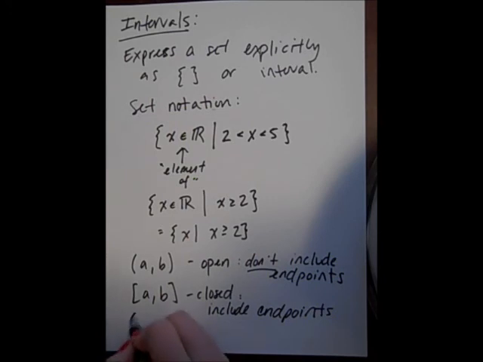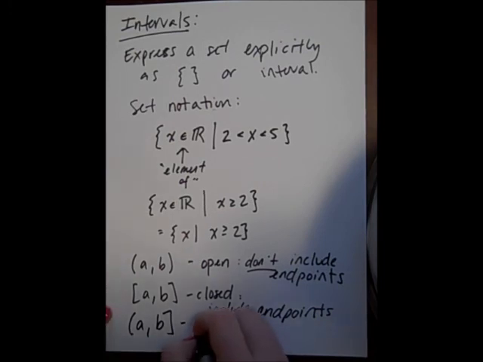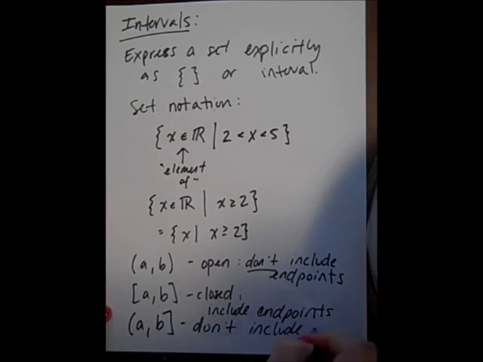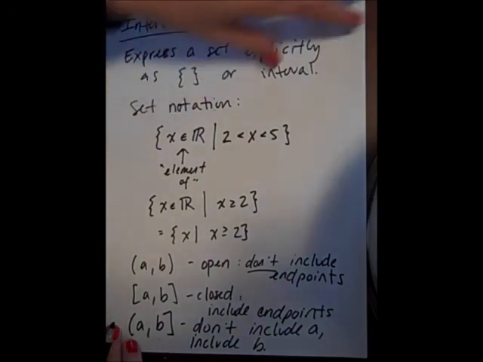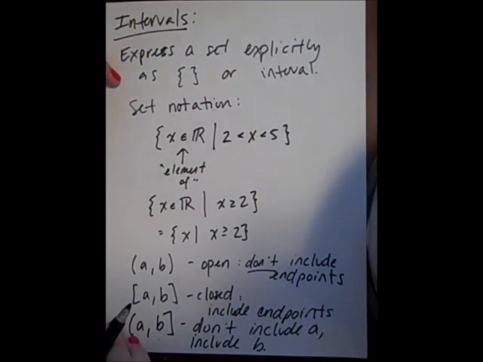If I had something like this, half open or half closed, it doesn't matter, this means don't include A, but include B. Brackets mean include it, parentheses mean don't include it. So those are all your endpoints.